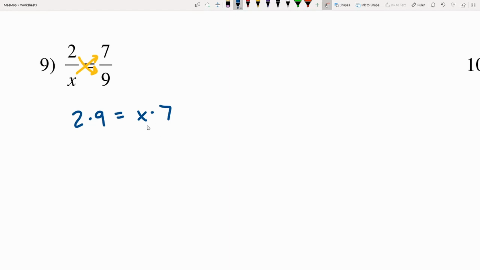Now what we need to try to figure out is what this x is. 2 times 9 I know is 18, and then I'll have x times 7 still. So all I have to do is divide by 7. 18 sevenths is going to equal x. So if I type that into a calculator, 18 divided by 7 is going to give me about 2.57.